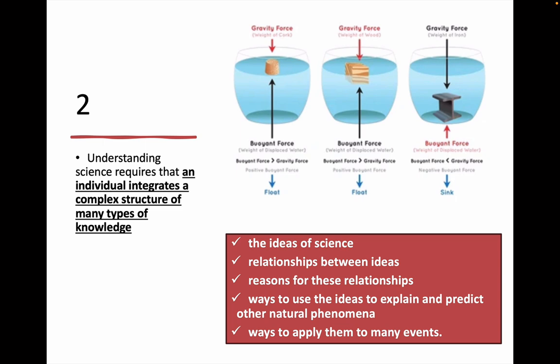In this case, we need to understand the relation between fluids and solids, the relation between forces, and the existence of the buoyant force. Once we know all these concepts and the relationships between them, we will understand why some objects are floating and others not.